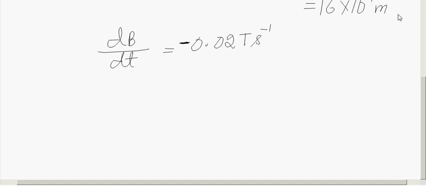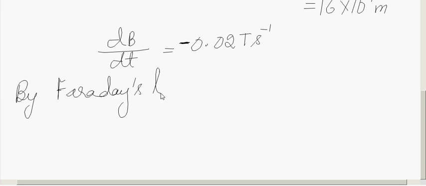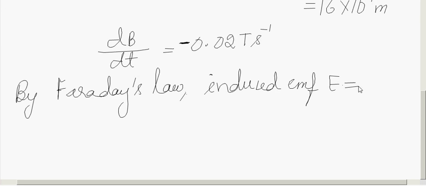Now according to Faraday's law, the induced EMF is given by E equals d phi by dt, and if you want to show the direction, you put a minus sign.